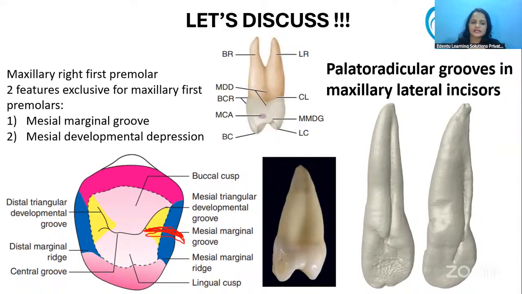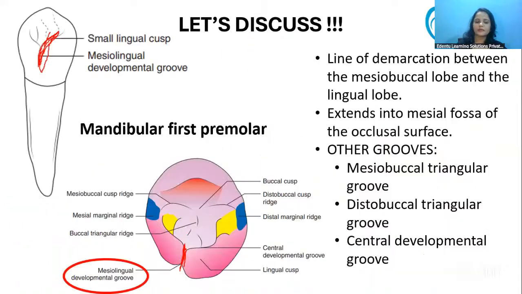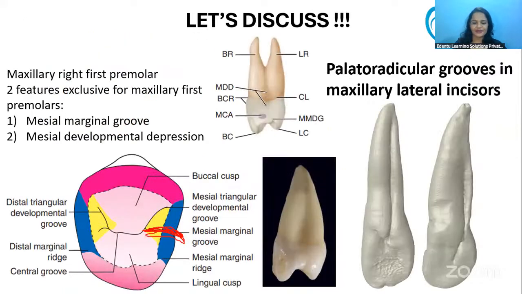Okay, in the maxillary first premolar, you will have the mesial marginal groove, and in the mandibular first premolar, you will have the mesiolingual developmental groove. Okay, please do not get confused between the two. And then there is something called the palatoradicular groove also. This palatoradicular groove is usually seen in the maxillary lateral incisors.